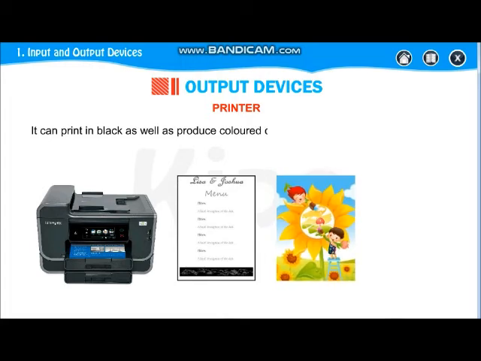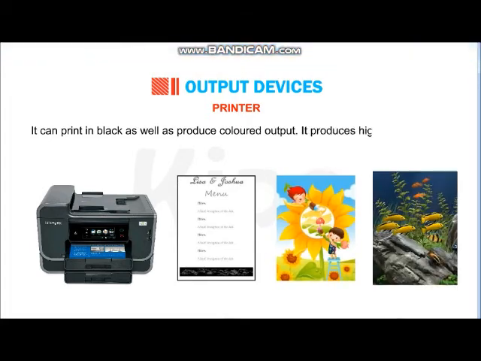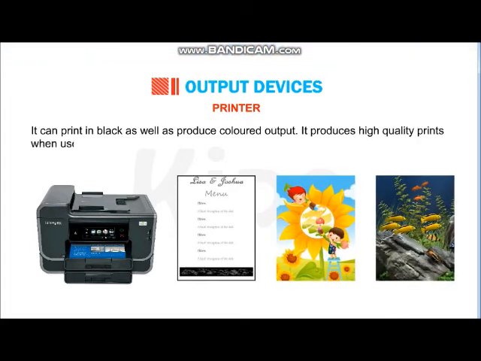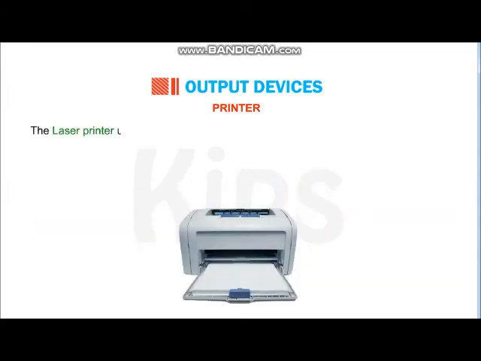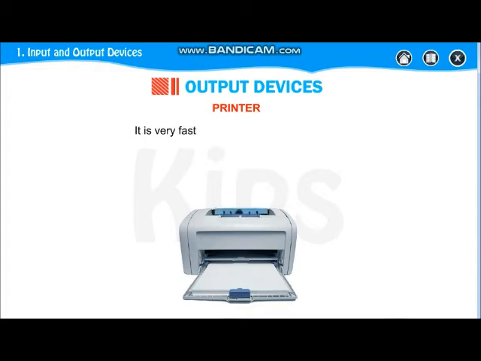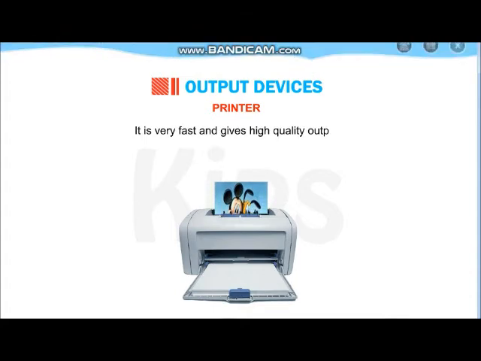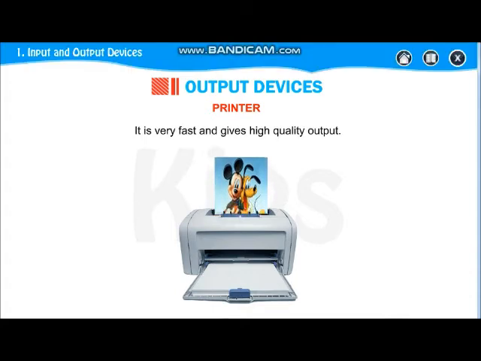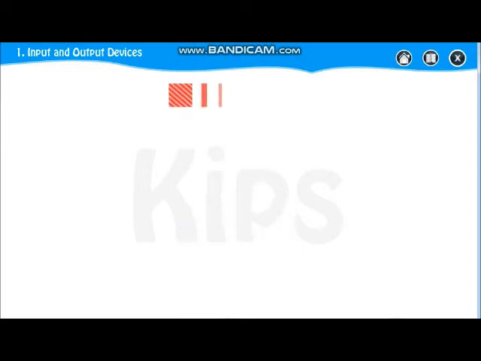They can print in black and white as well as colored pictures. Now, laser printers use a laser beam and dry ink to print. Very fast, they produce high quality output. They can also print in black and white as well as color.